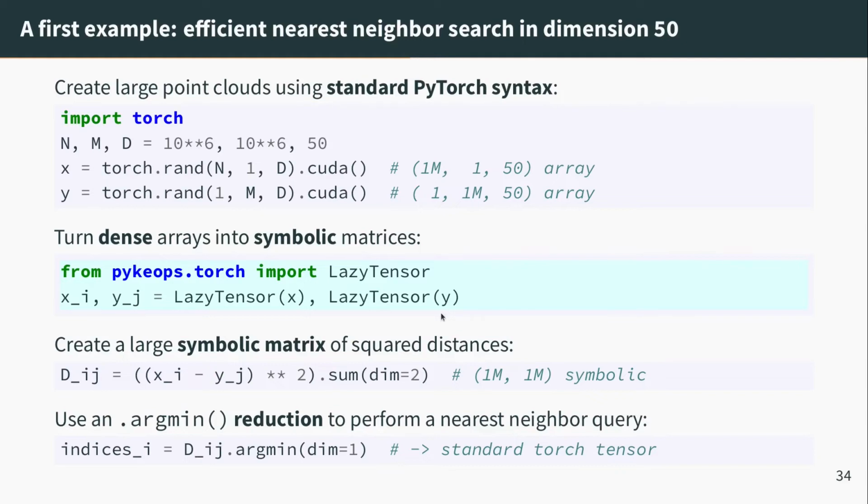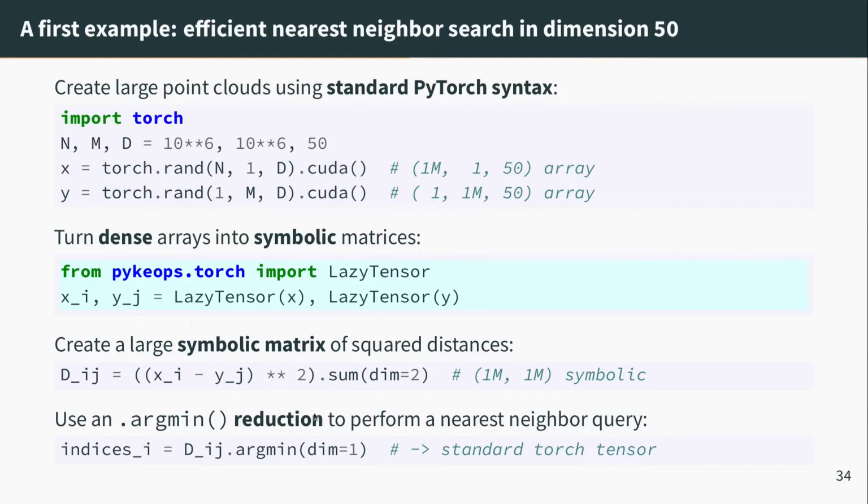Now that the library understands that this is a symbolic object, we can use standard mathematical operations and write that the matrix of squared Euclidean distances is just xi minus yj squared. And I take the sum with respect to the dimension of size 50 here. I get an object with 1 million rows, 1 million columns, but symbolic. Otherwise, I would get an out-of-memory error.